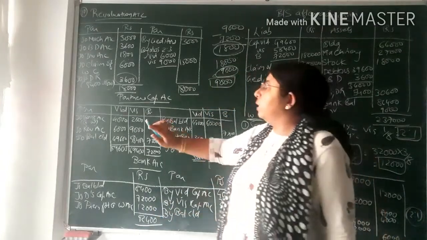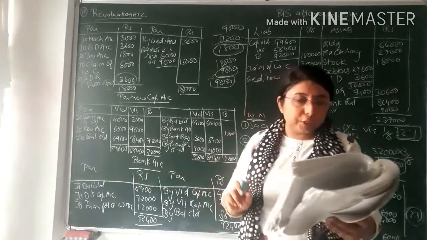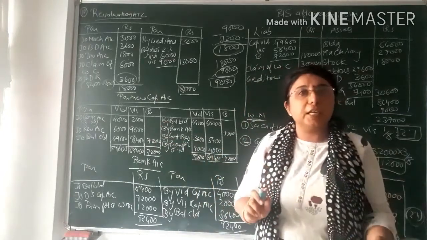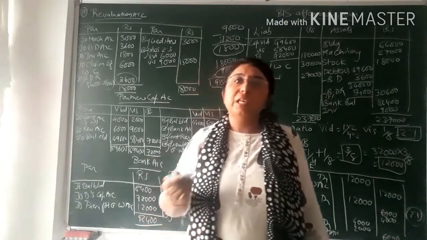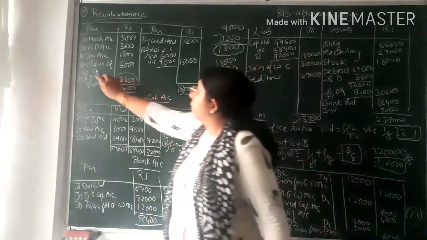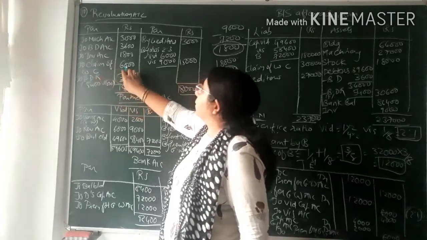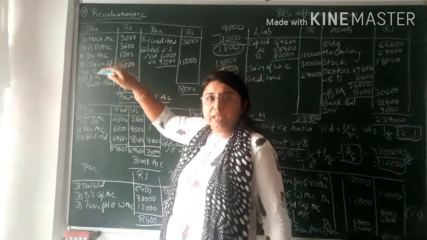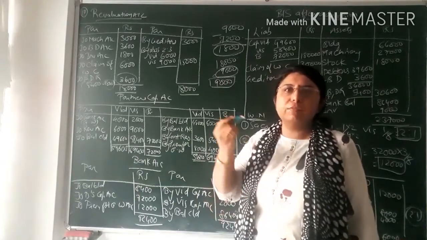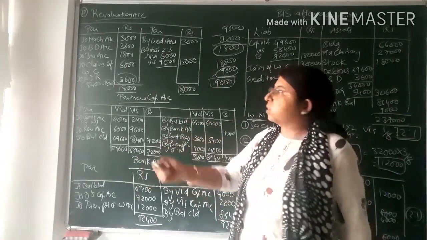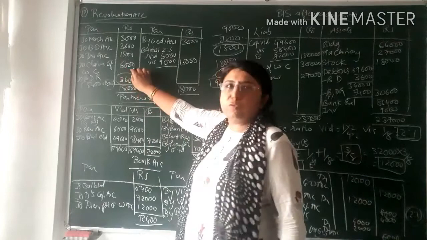But the reserve that has been created, as per your question, is only rupees 24,000. So an additional loss will occur to the firm, that is rupees 6,000. So here you can see I have written claim of workman's compensation only rupees 6,000, because 24,000 will be utilized from the reserve. Directly the reserve amount will be given to that worker, and the remaining 6,000 would be an additional loss for the firm.